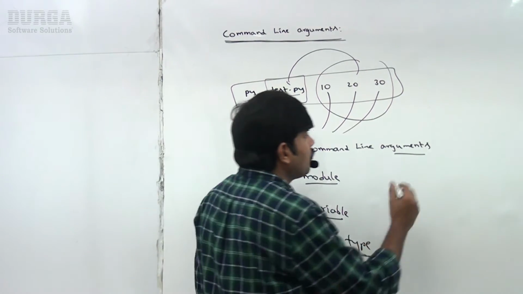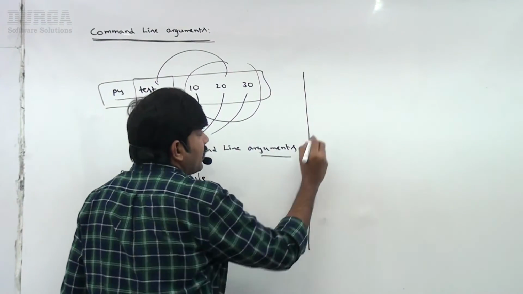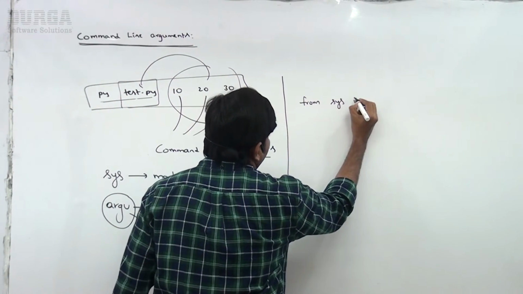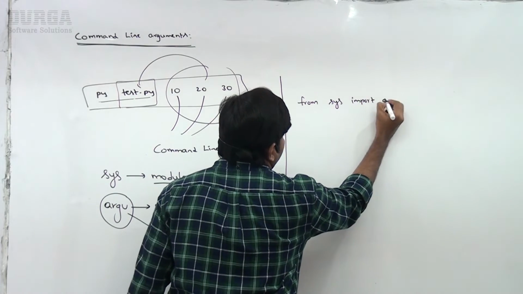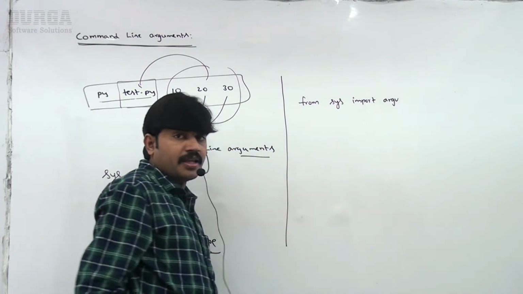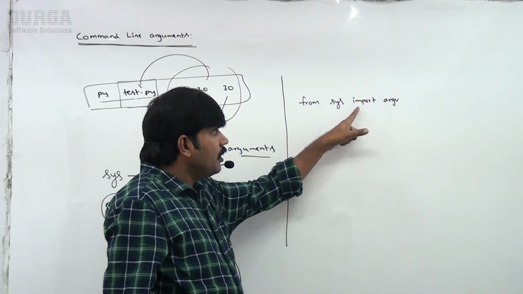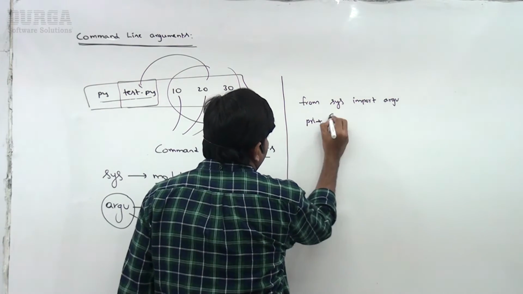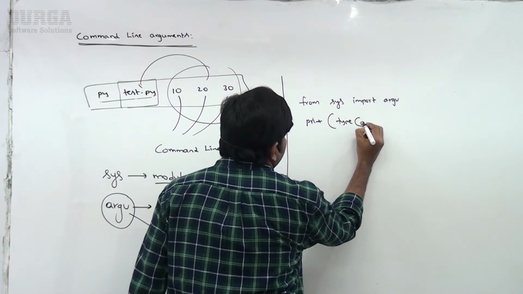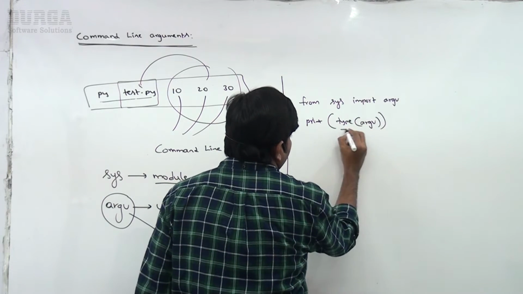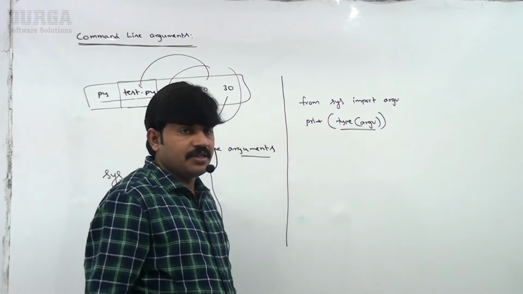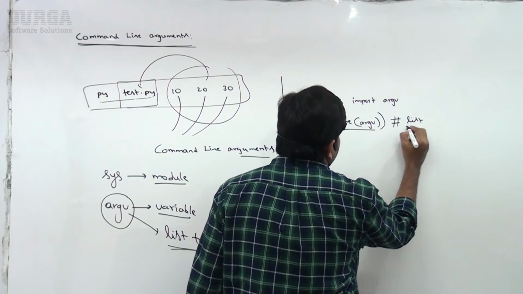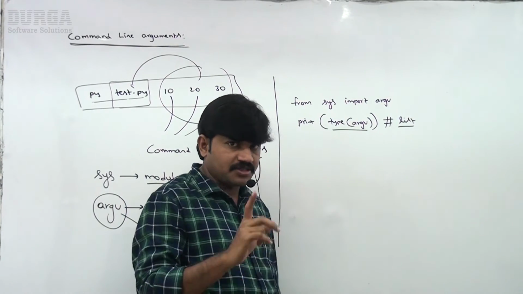Very simple. Let me go for a small example, sir. From sys module, import argv. Please import argv from the sys module. Now print type of argv. Sir, what is the type of this argv? Definitely the answer we are going to get is list type. Take very special care, sir.